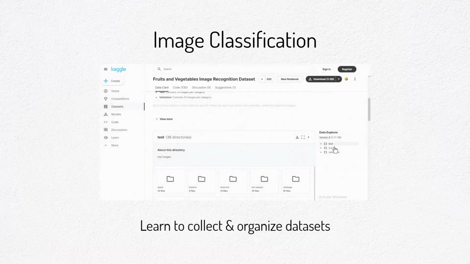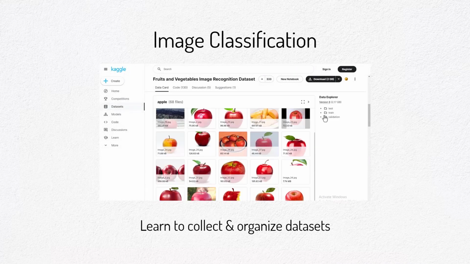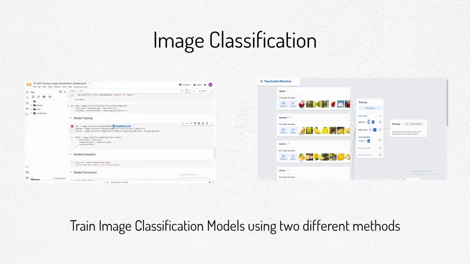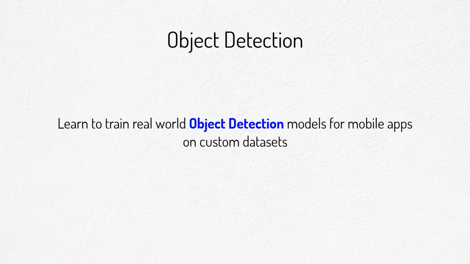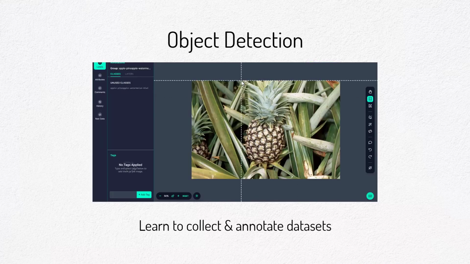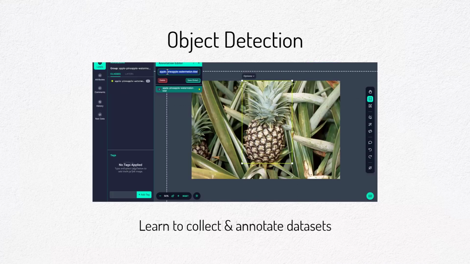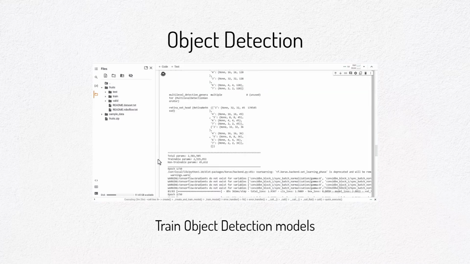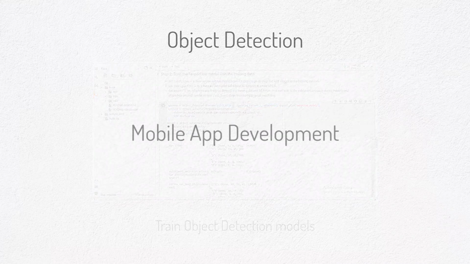So in this section, you will learn to collect and organize datasets for model training, and then you will learn to train image classification models using two different approaches. And after image classification, you will learn to train real-world object detection models. So in this section, you will learn to collect and annotate datasets for model training, and then you will learn to train object detection models on these datasets.